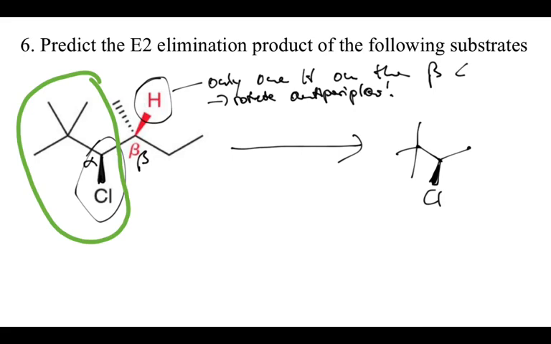Now, what we're going to do is we're going to rotate around this bond here. This fat bond here. You can see that? Let me make it like yellow or something. This bond. We're going to rotate around this bond. And we're going to rotate it such that this hydrogen ends up where the carbon is.